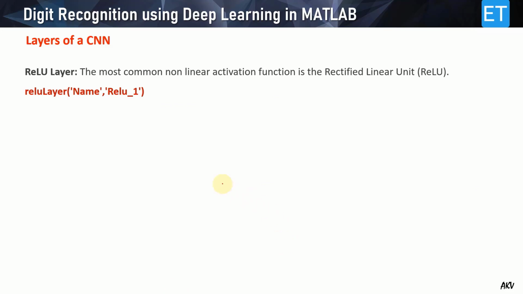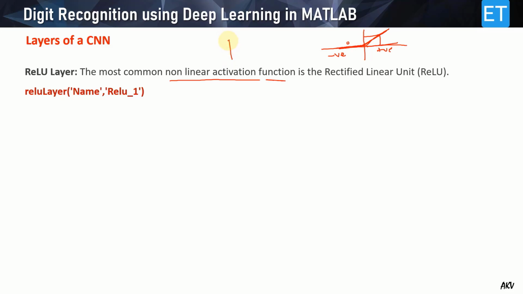And after that, we have the ReLU layer. That is the most common nonlinear activation function, known as a rectified linear unit. This function is like this. For all negative values, we get 0 values, and for all positive values, we get the same value. There is no change.